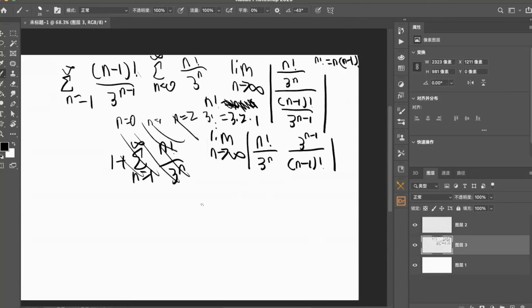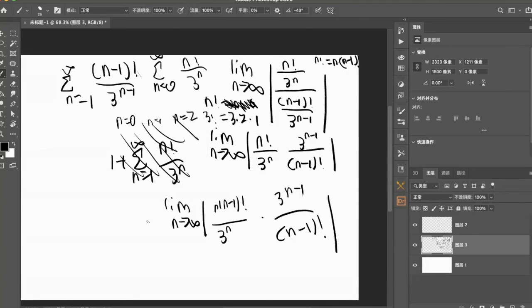We can easily make this equation into, we do realize that, say 3 to the 2 divided by 3 to the 1 will just be 3. 3 to the 3 divided by 3 to the 2 will just be 3. So here we can see on the bottom it will just be 3. And then those two can just cancel off.